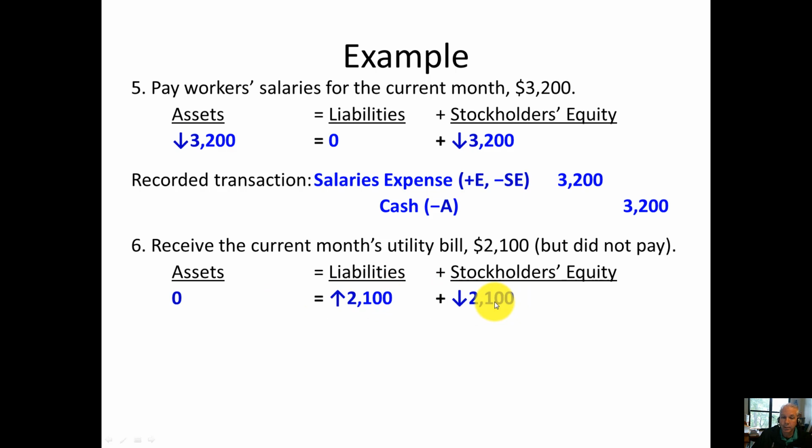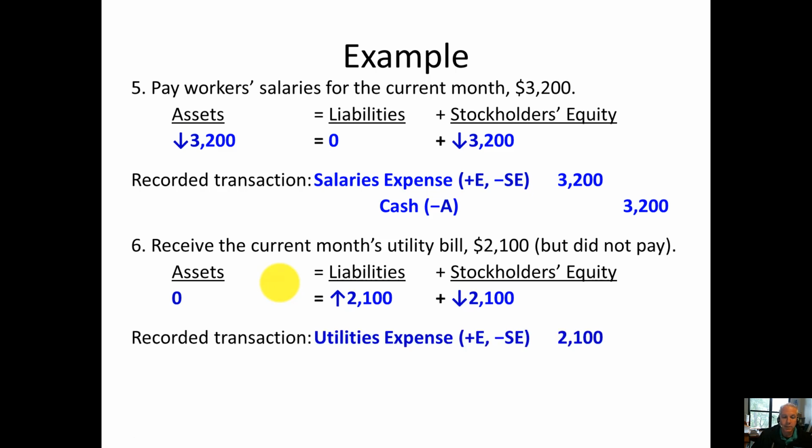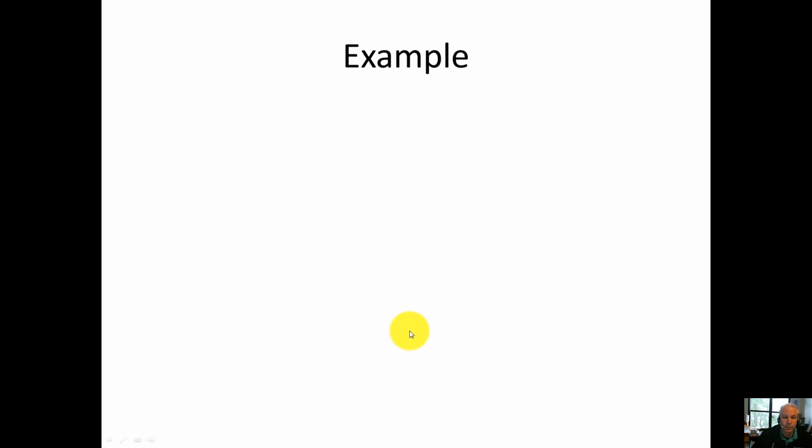Why? Because we have an incurred expense, and expenses decrease retained earnings, and if retained earnings is decreased, that means stockholders' equity decreases because retained earnings is a component of stockholders' equity, as we saw earlier when we reviewed the basic accounting equation. So number 6, record a transaction by debiting utilities expense and crediting utilities payable.